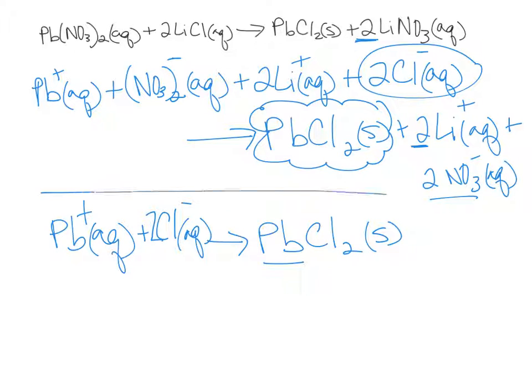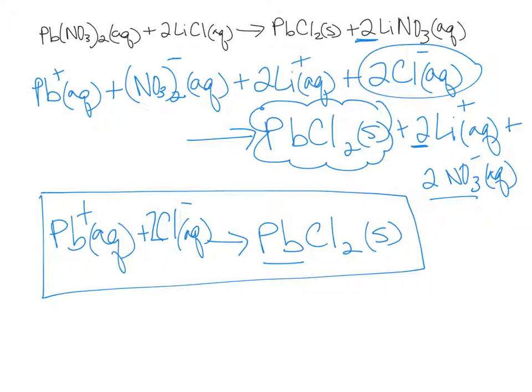So this is going to be my new net ionic equation where I just write down the ions that are involved in making the precipitate, and I just want to copy them exactly as I have them in my complete ionic equation.